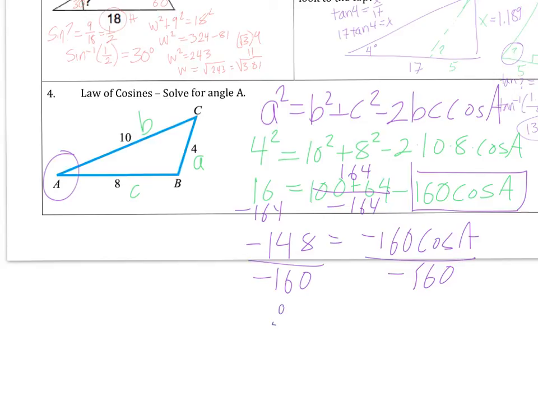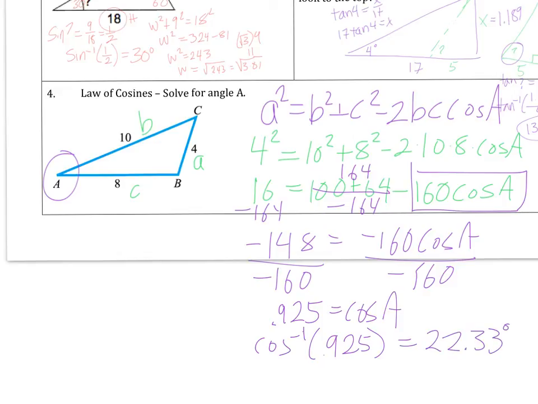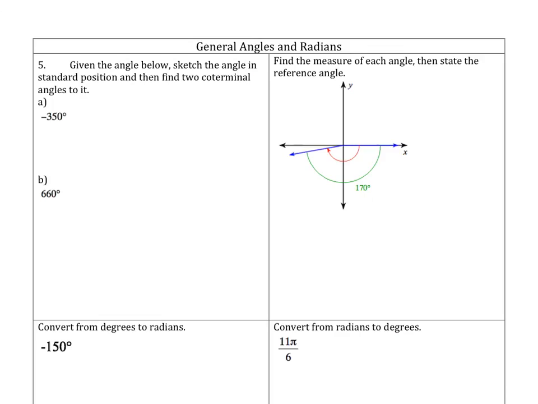And that's 0.925 is equal to cosine A. I know I have to use inverse cosine to get A. So inverse cosine of 0.925, and that's equal to 22.33 degrees. We're almost there, guys. One section left.